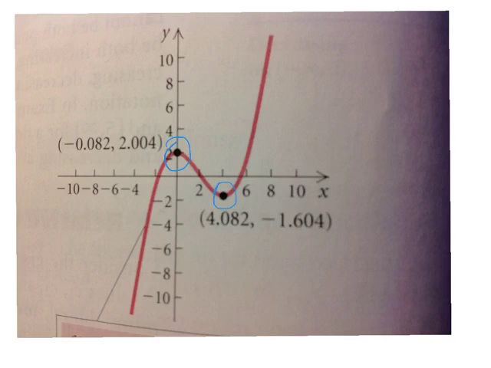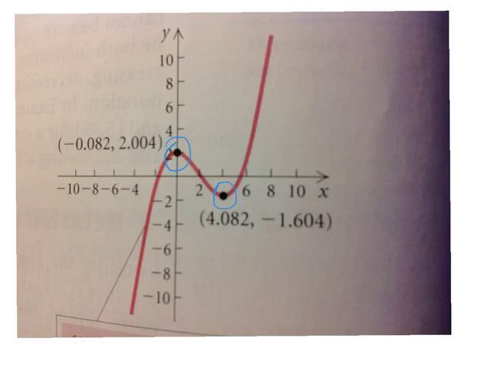Now, notice that the maximum and minimum are the y values. They're the f of x's, you could say. Notice that the graph starts rising, or increasing, from left to right, from infinity up to, it looks like, negative 0.082.